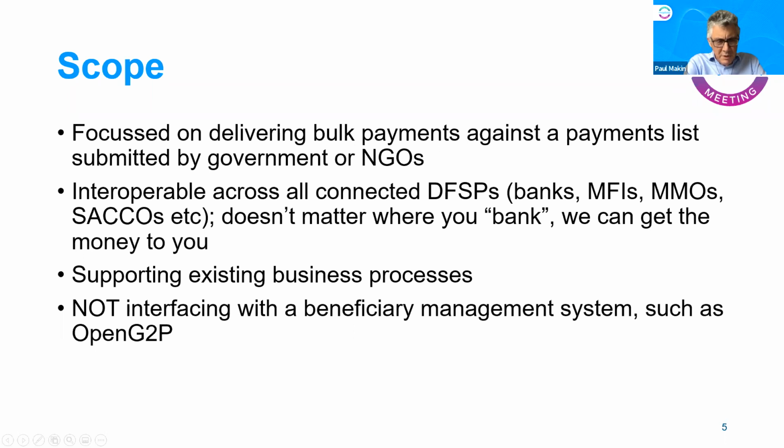Beneficiary management systems manage the registration of beneficiaries, capture existing demographic information about them, their families, their employment, any aspect of their particular circumstances, and develop payment programs or beneficiary programs which set up a series of conditions on which payment might be made, and apply it to the beneficiary database to create a payments list. We're not doing any of that. We're just taking the payments list and doing that last mile element. So Michael, if you could move on.